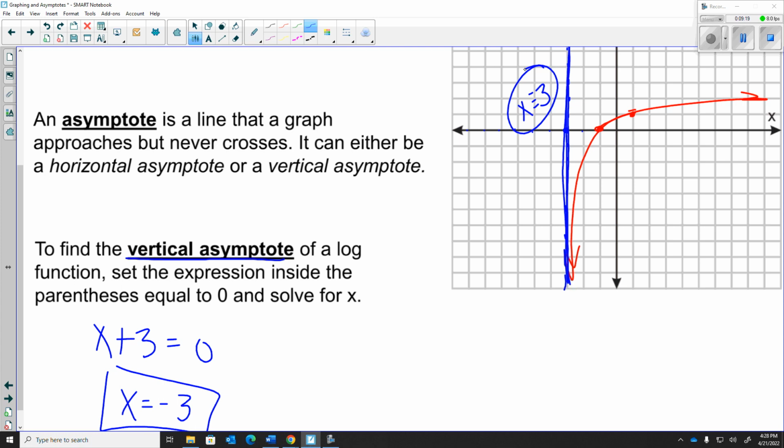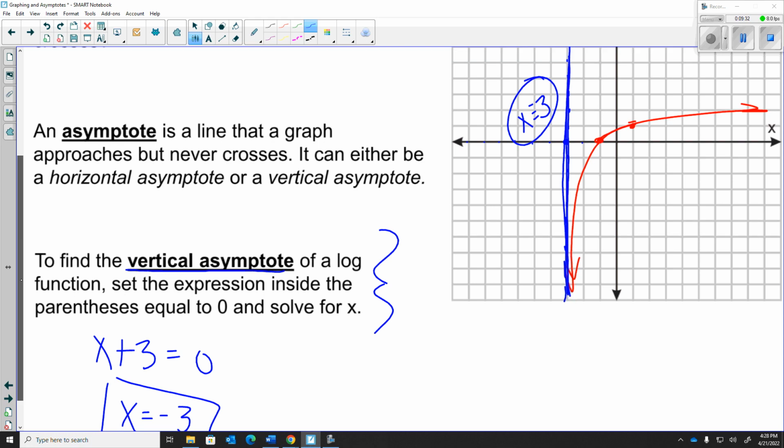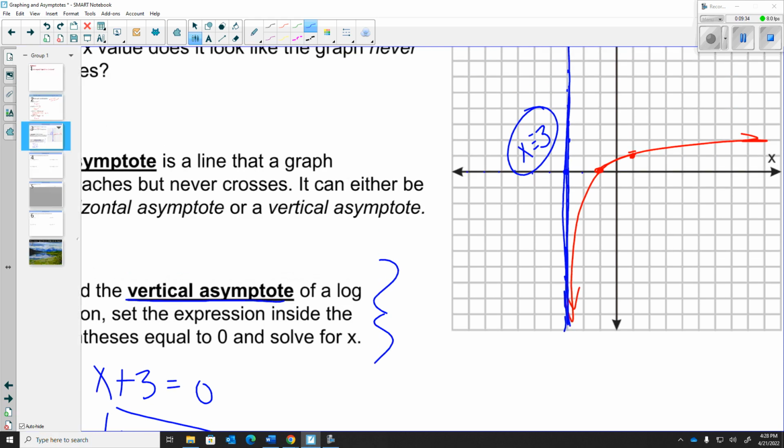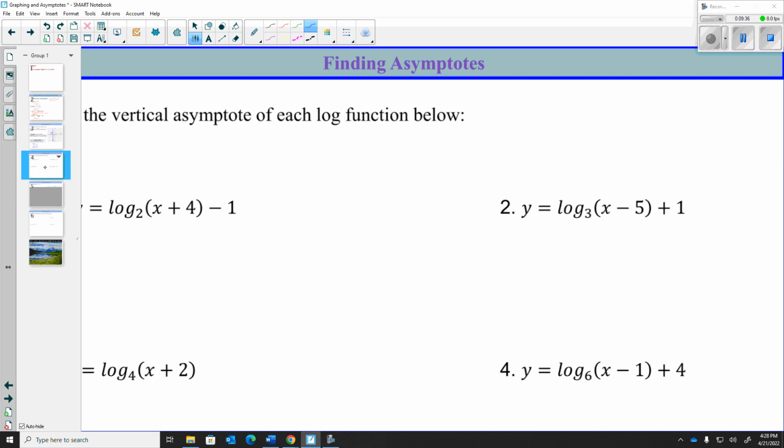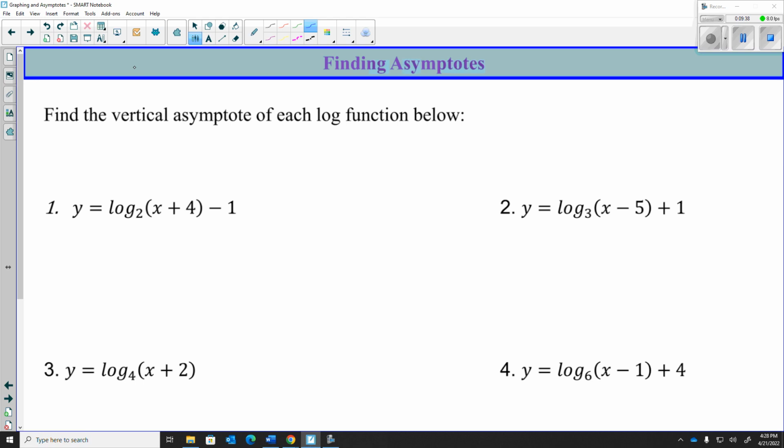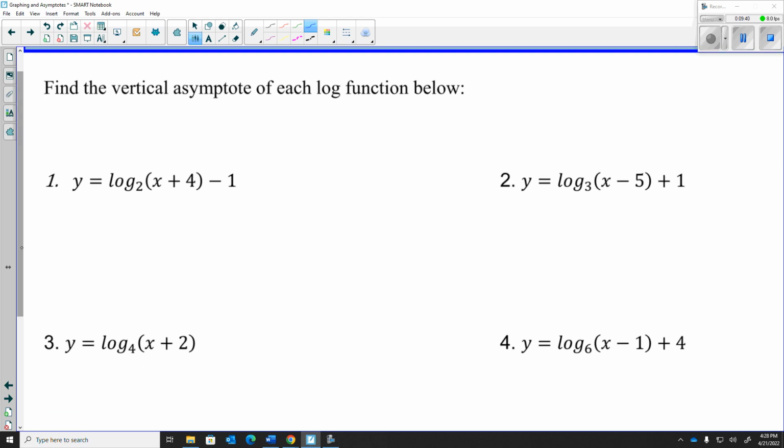But for our purposes, really all we want to be able to do is determine what the vertical asymptote is. And in order to do that, you take what's in the parentheses, you set it equal to 0, and you solve, okay? So let's do some quick examples of this. It says find the vertical asymptote of each log function. Remember, all I got to do, take what's in the parentheses, set it equal to 0, and solve it.